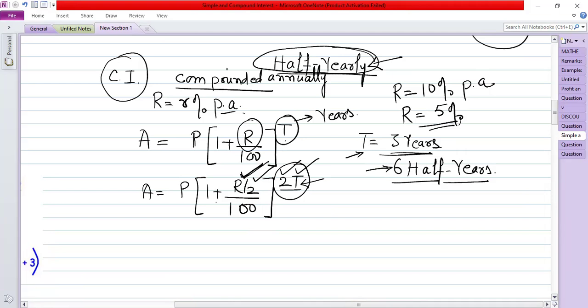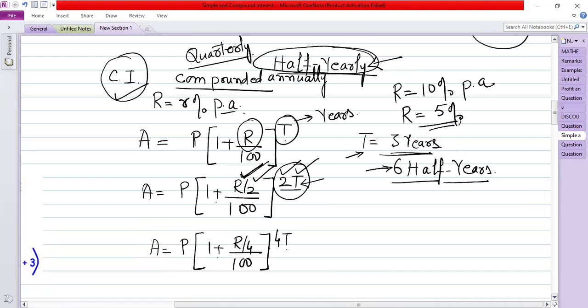Now, in the same case, suppose the compound interest is calculated quarterly. Quarterly means after every 3 months. Actually, in a year there are 4 quarters. So here the amount is P(1 + (R/4)/100)^(4T).